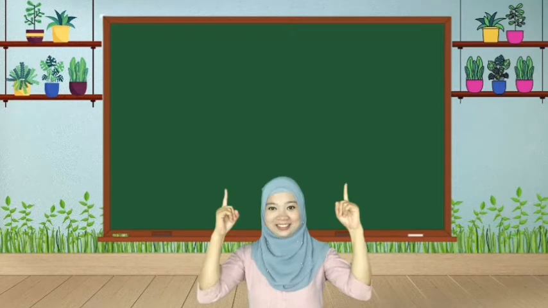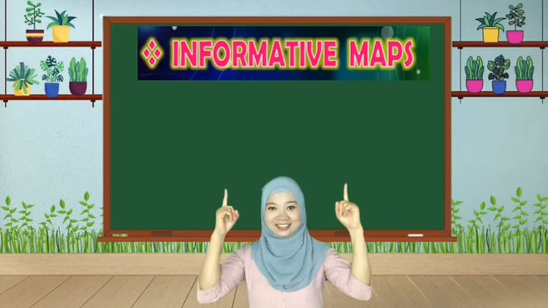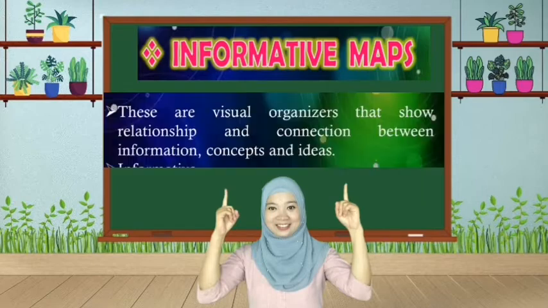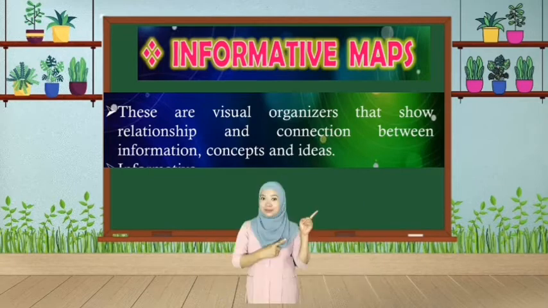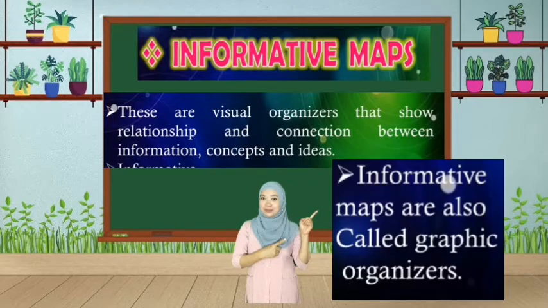Next part is another graphical representation of the expository text, an informative map. Now, what is this informative map? Informative maps are visual organizers that show relationships and connections between information, concepts, and ideas.